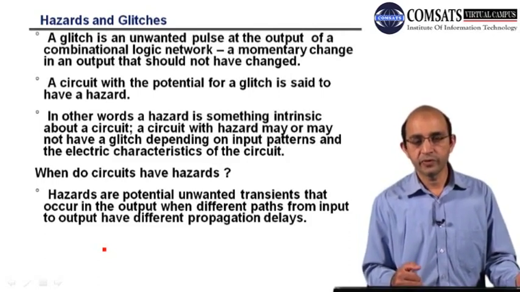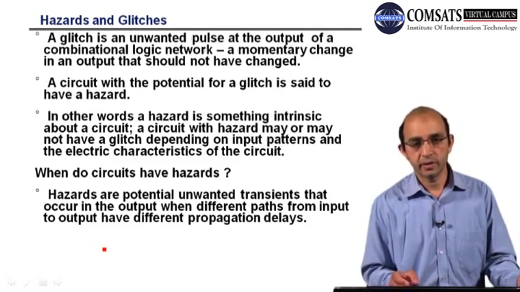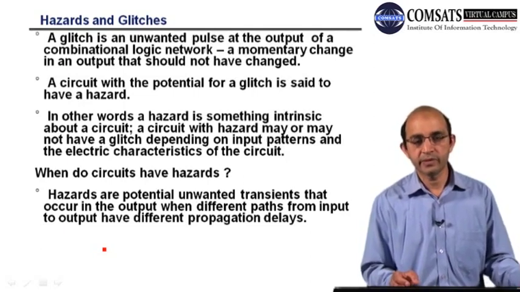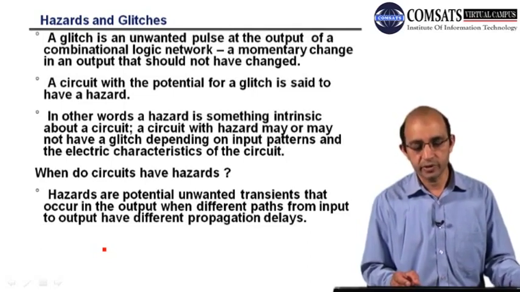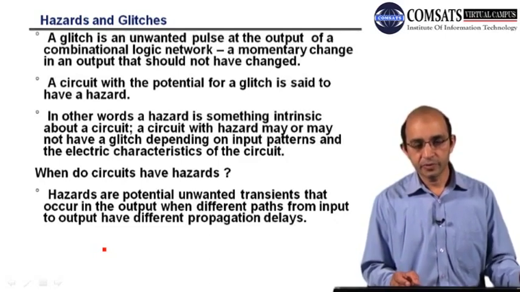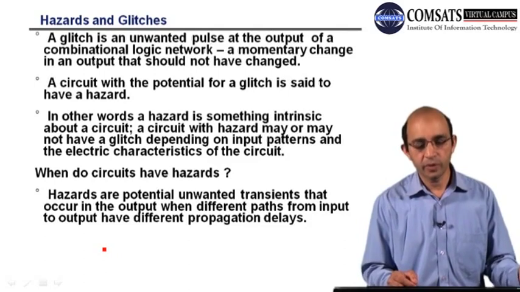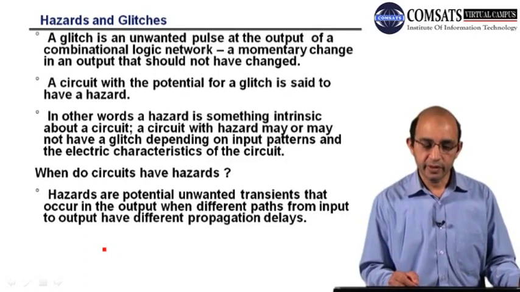Whenever we talk about communication systems, we always have an unwanted signal, that is noise, when we transmit a signal from one place to another. And noise is always an unwanted signal. Similarly, in circuit analysis, a glitch is an unwanted pulse at the output of a combinational circuit. Then we can have the hazards.